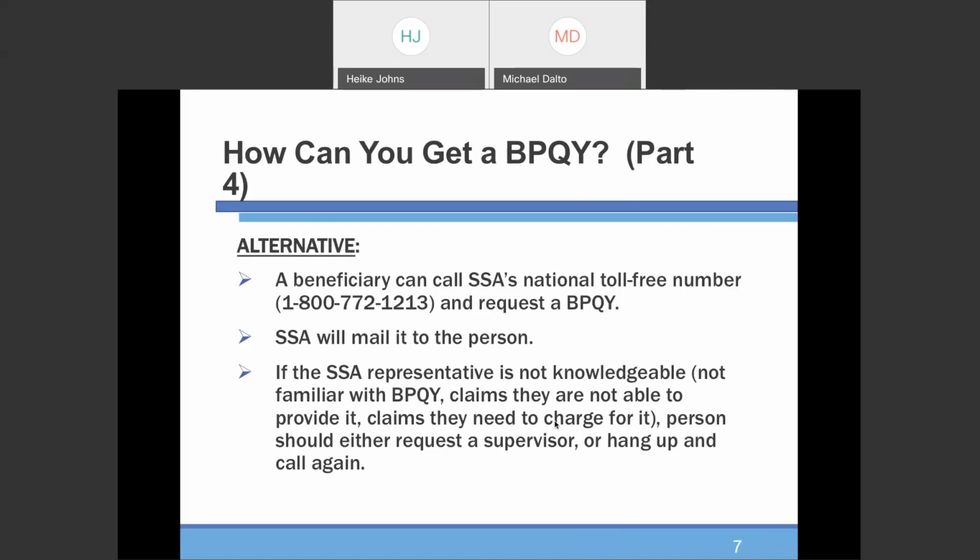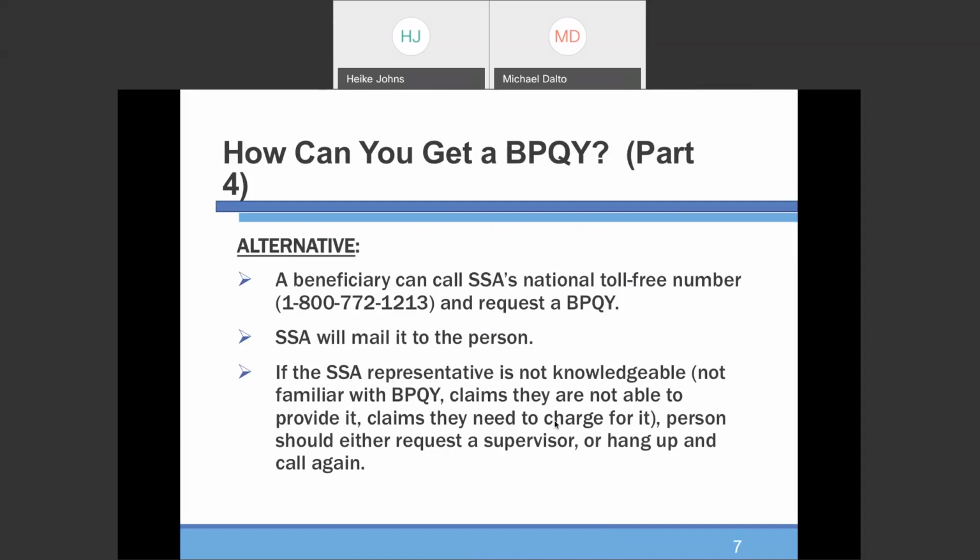If it's something less than half hour, 45 minutes, then they can do other things to occupy them while they're waiting on hold. When they get through to a person, the most likely response they'll get when they request a BPQY is, sure, no problem, we'll mail it to your home address. And they'll usually get it within a week, sometimes within a few days.